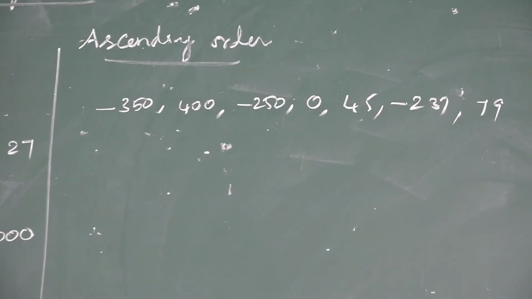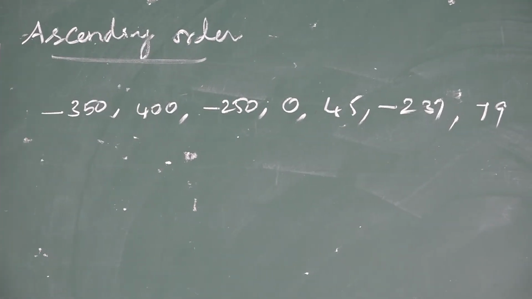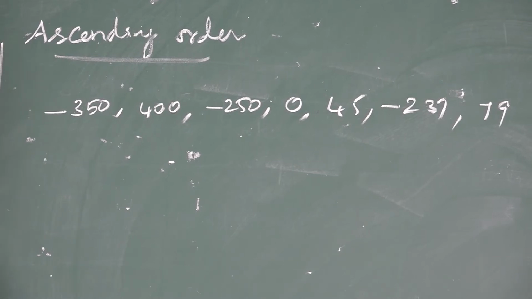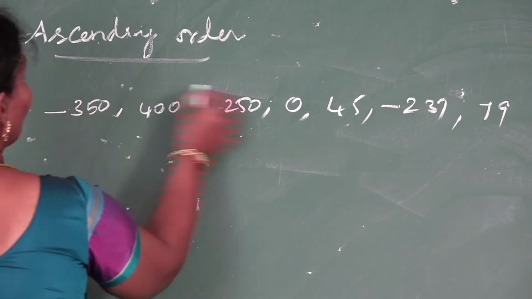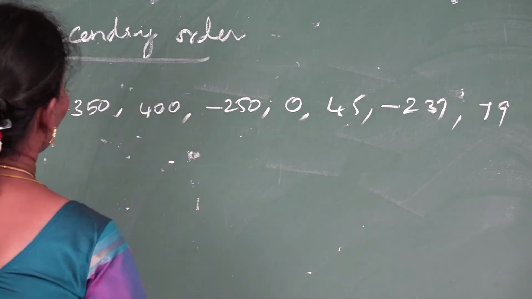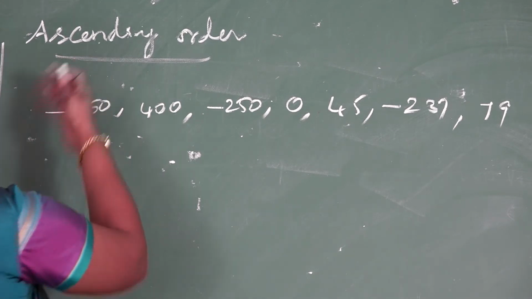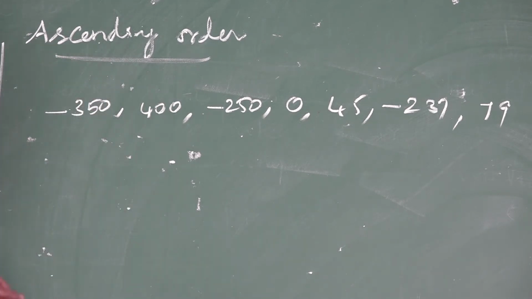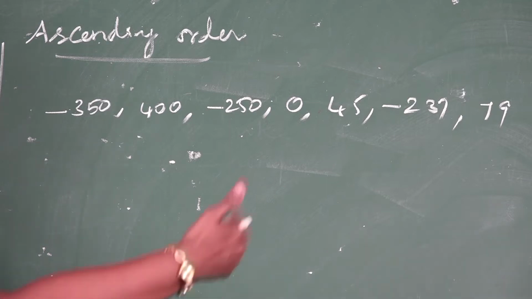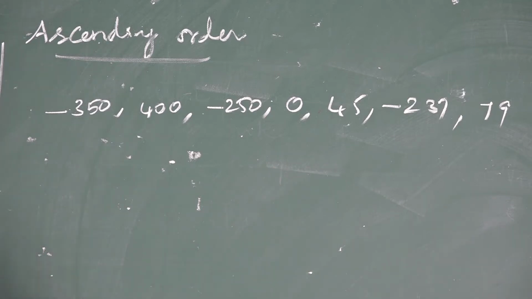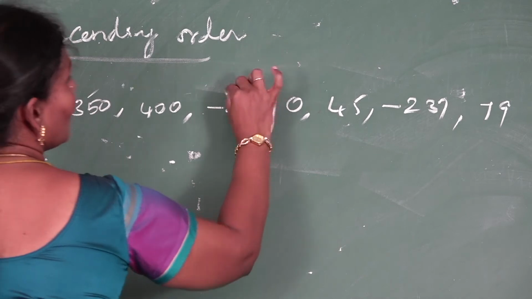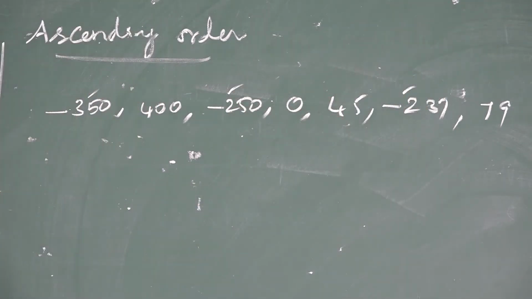Okay, now you know that already the negative integers are less than 0. So first you arrange the negative integers, because it is ascending order. Ascending order means small to big. So the negative integers are smaller than 0 and the positive integers. Now which are the negative integers? These three integers are negative.